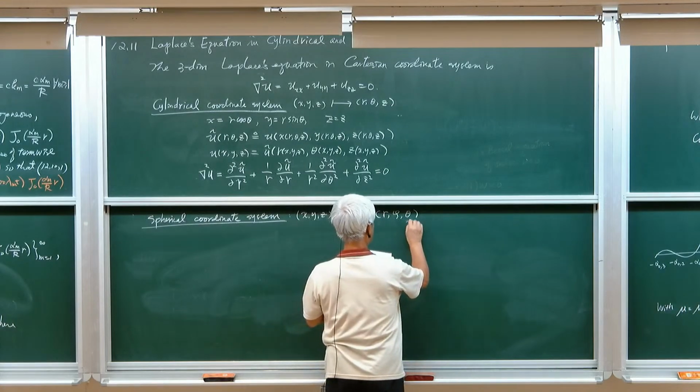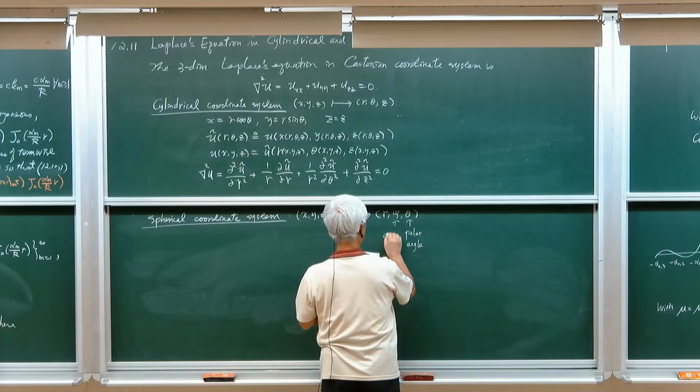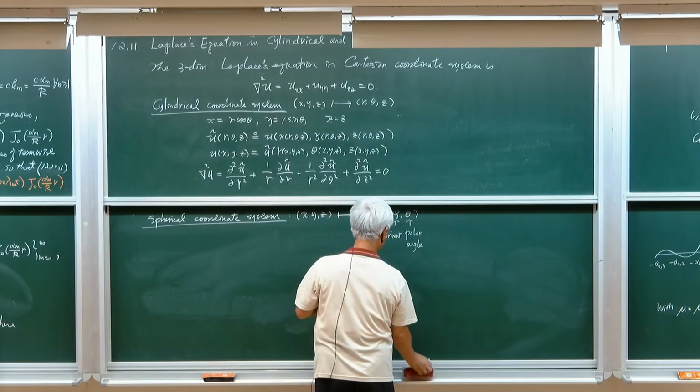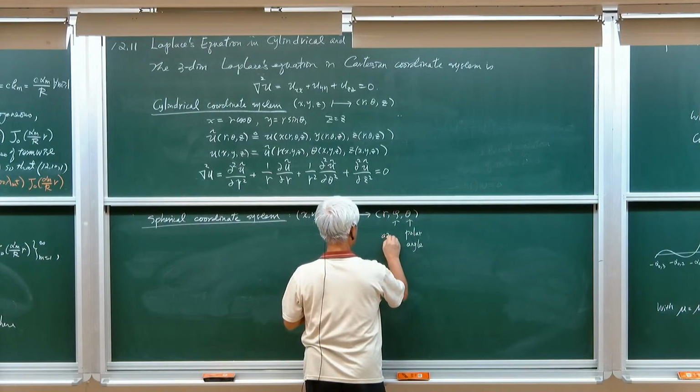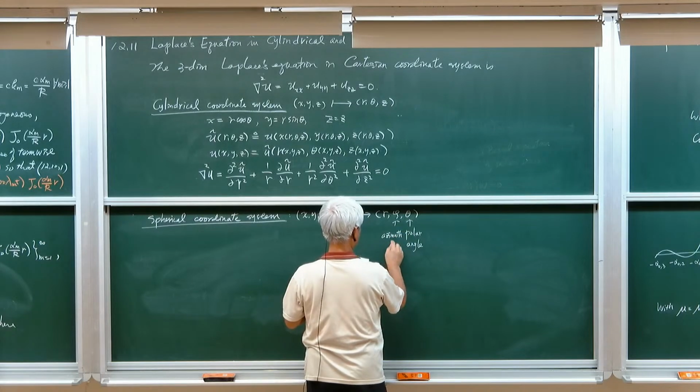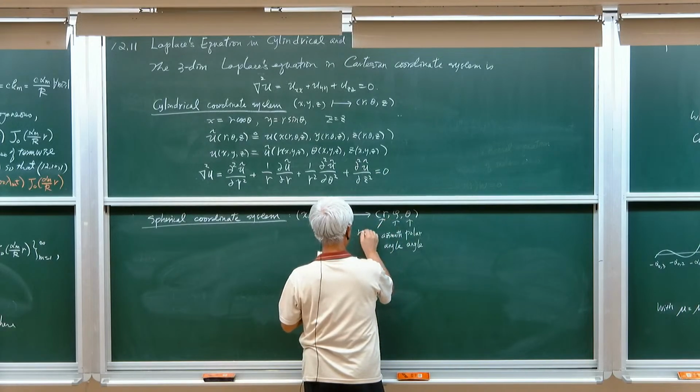So this is the polar angle, this is the azimuthal or azimuth angle, and this is the radial distance.